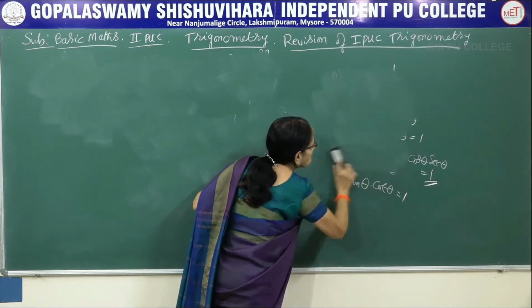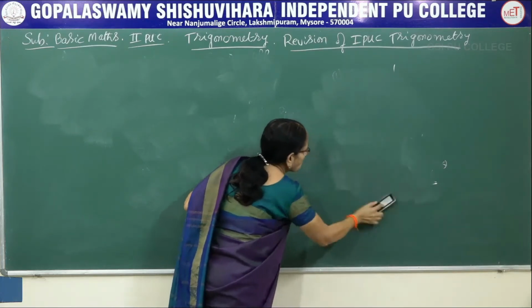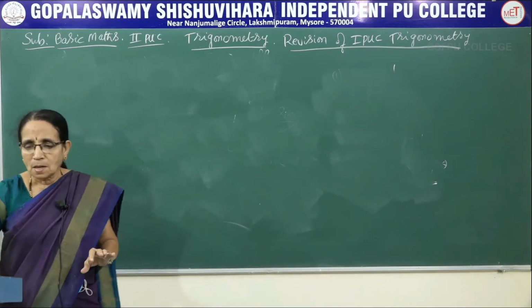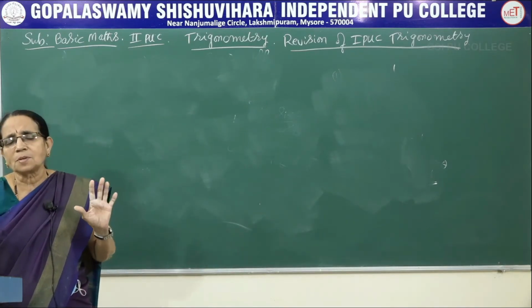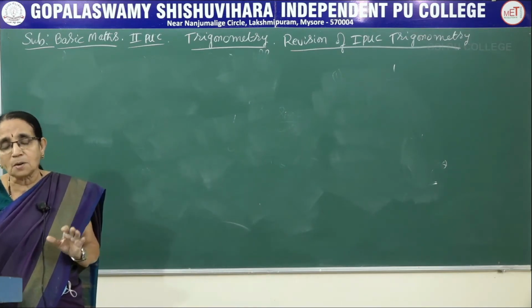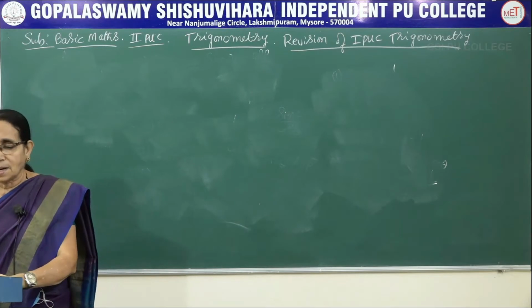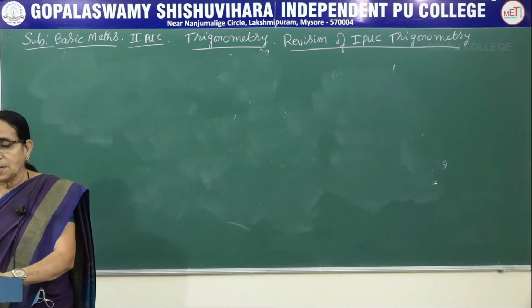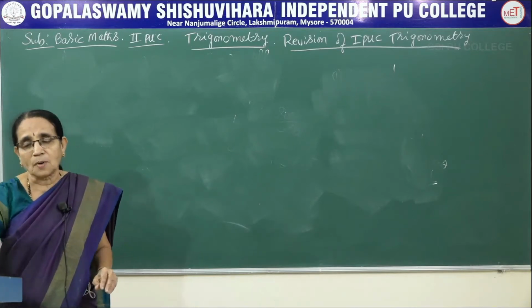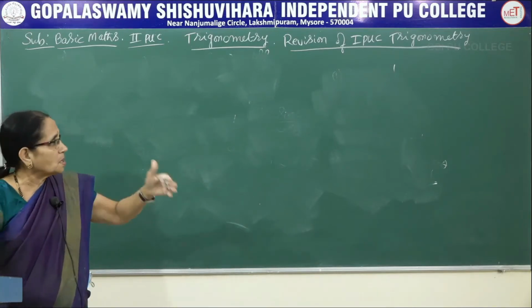Now let us consider, here you observe that I have just taken theta in general. I have not given any particular value for this angle theta. Suppose I give a particular value, that is, first we will be considering some standard values. These have been explained in detail in first PUC.